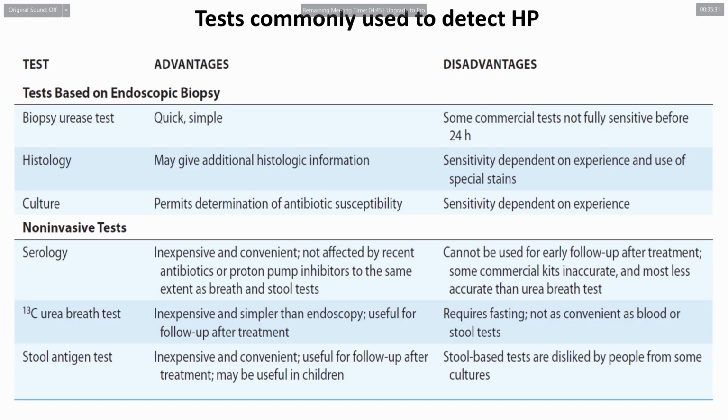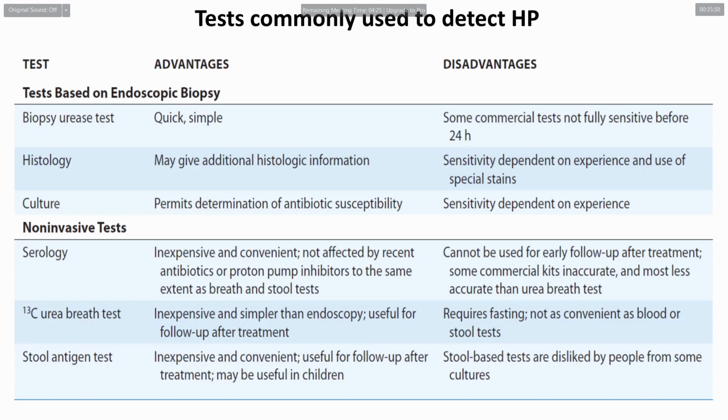When do we do a serology test? We do a serology test if we cannot do an antigen test. Antigens are affected by what? They're affected by PPIs and antibiotics. So anybody who's on a PPI: how do we treat H. pylori? We give PPIs and we give antibiotics with it.